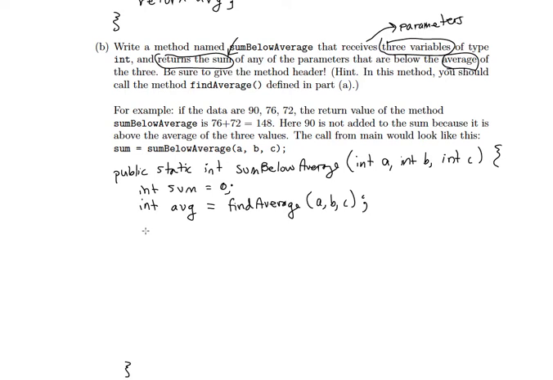Okay. If A is less than, let's see, below the average of the 3, sum plus equals A.